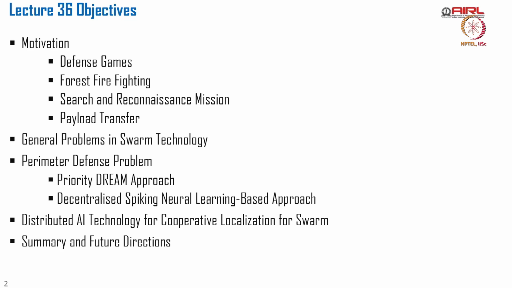Nobody knows when the enemy drone is going to enter, right. If you look at it, it can enter anywhere in the perimeter. So spatially they can be anywhere, temporally they can be anywhere. So it becomes a spatial temporal problem. We'll talk about it. That's why swarm is needed.